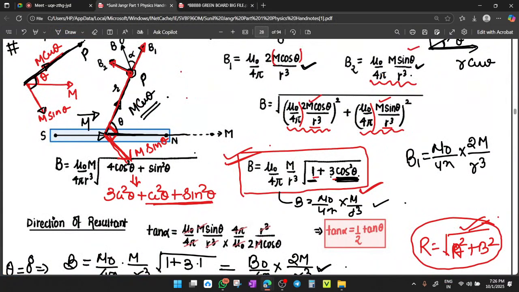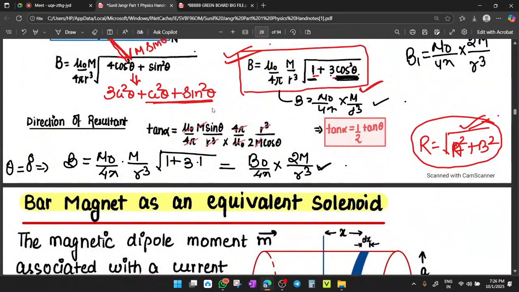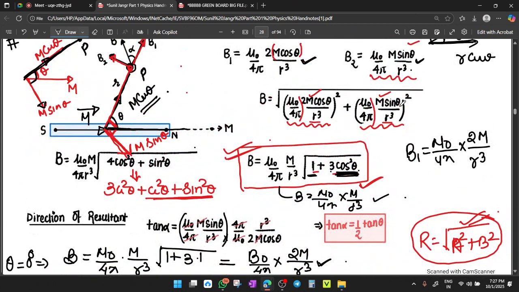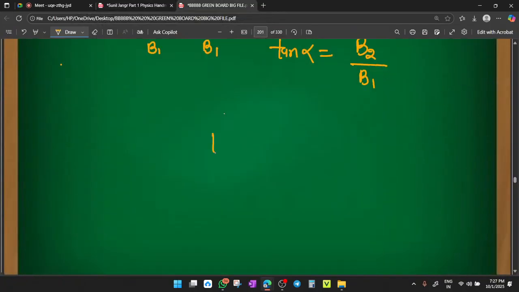So in the same way here, tan alpha is equal to B2 by B1. See here, what is B2? B2 is the second part of intensity, equal to mu naught upon 4 pi, m sine theta by r cube. So tan alpha equals mu naught upon 4 pi multiplied by m sine theta upon r cube. Clear?